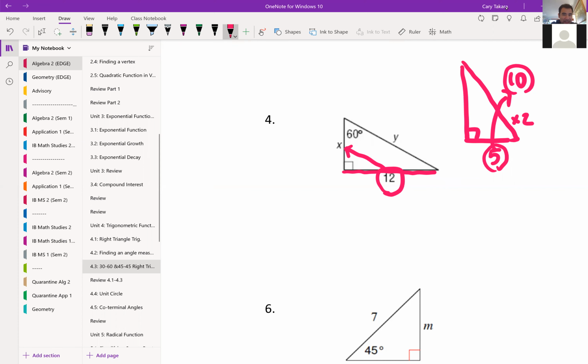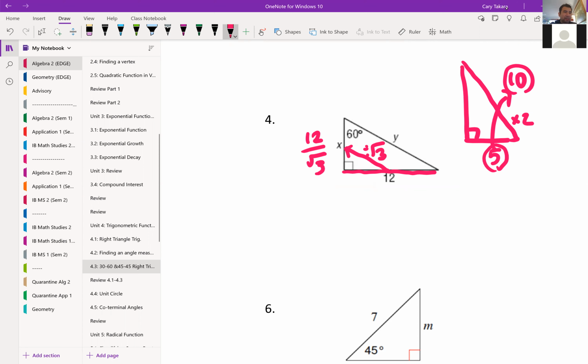But this one is not the hypotenuse, is it? 12 is not the hypotenuse. 12 is one of the other legs. So you have to divide by square root of 3. So x is 12 divided by square root of 3. Let's figure out 12 divided by square root of 3.